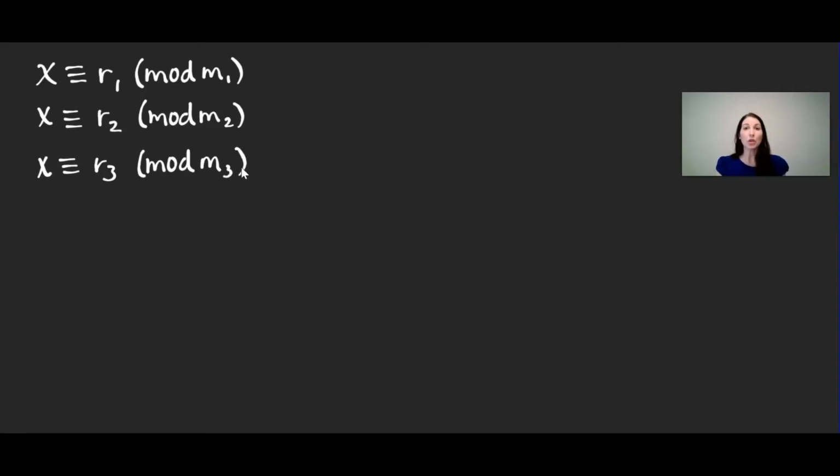So in order to be able to use this Sun Zhu theorem, we first need to make sure that the mods are relatively prime. That means whenever I pair up these mods, the greatest common divisor between M1 and M2 needs to be 1. And the same with M2 and M3, and then the same with M1 and M3. So the greatest common divisor should only be 1, and if that is true, then we can use this theorem. So we always want to make sure that we have that first.